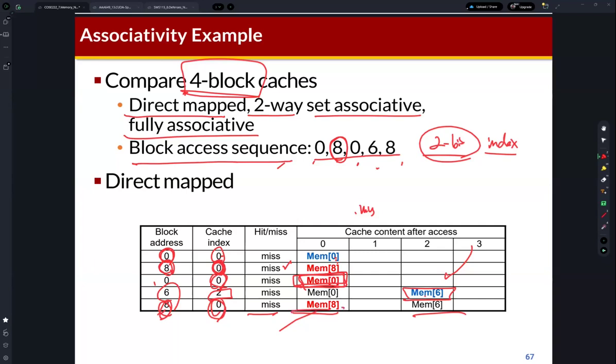So for this block access sequence, what is the result? All misses.